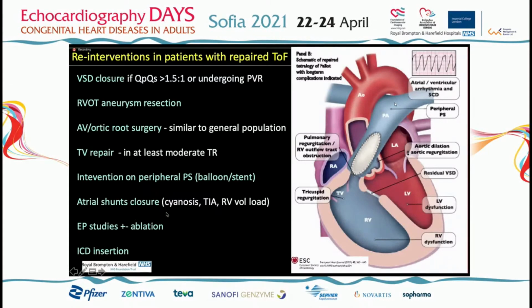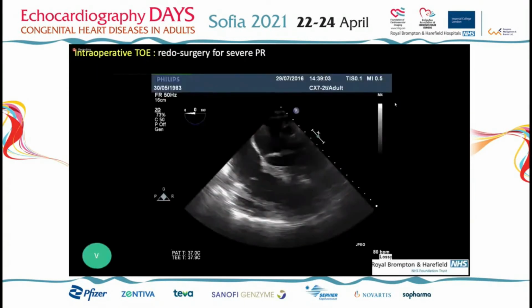Then atrial shunts might need to be closed if the patient has cyanosis, especially on exercise, or if he suffers an embolic event, or if they contribute to causing more volume load in patients who already have severe PR, for example. Or other percutaneous procedures like ICD insertions, or even CRT insertion in patients with dyssynchrony.